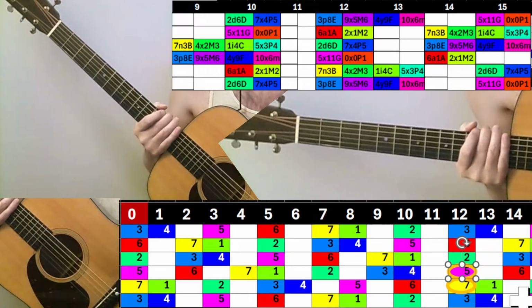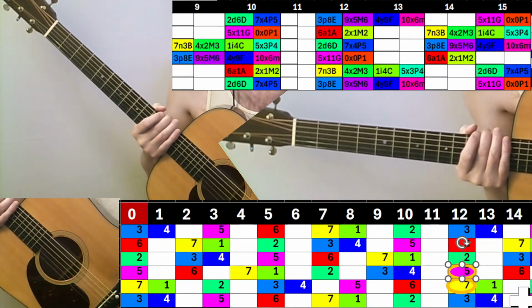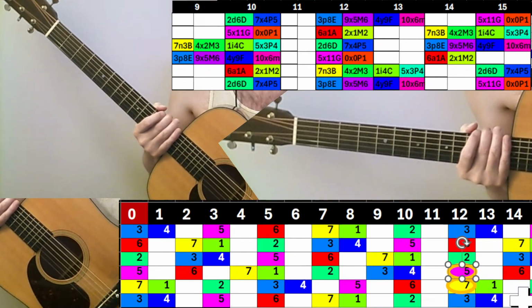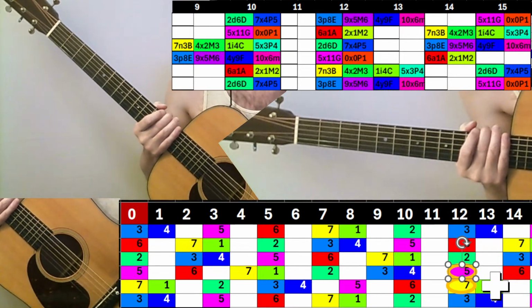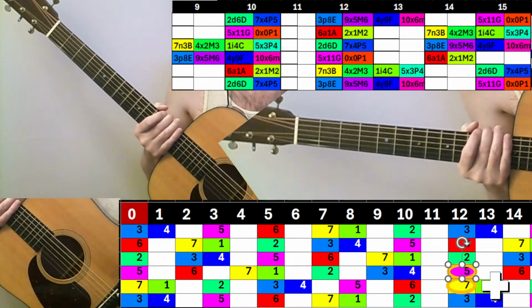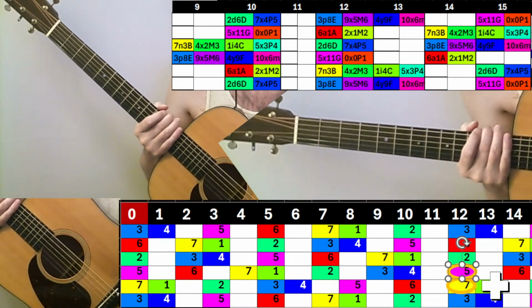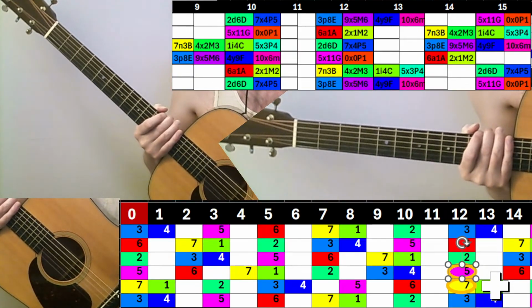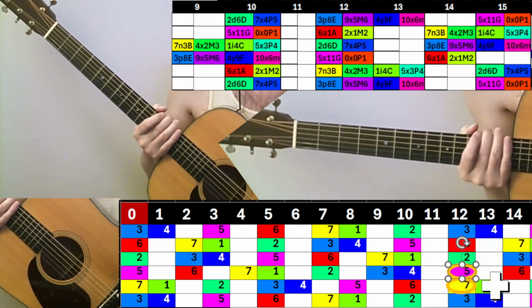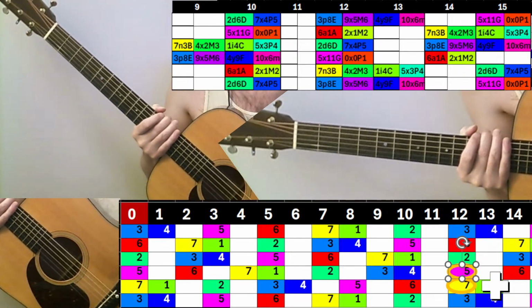The second half is going to give you the distance away from the focal point that we are on, which is Nashville number 5, in terms of half steps, followed by what I'm calling the modal point from a letter standpoint, and in this case it's going to be an X for Mixolydian, and then it's going to give you the modal half steps away from that point, and then finally the scale or the interval terminology.